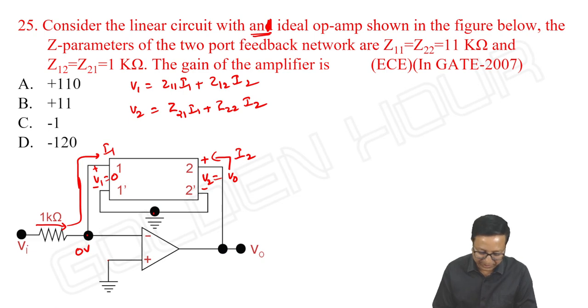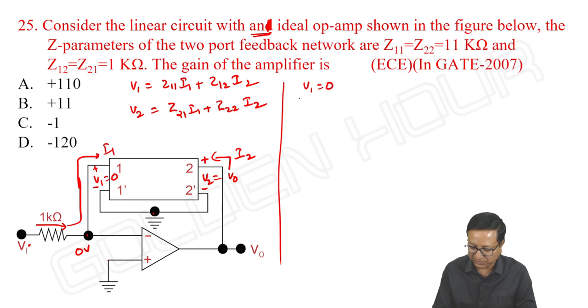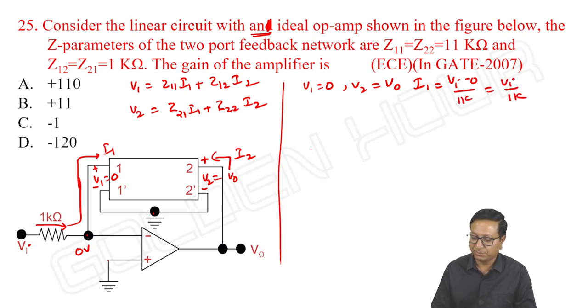So what is I1 then? I1 is equal to VI minus 0 by 1K, that is VI by 1 kilo ohm. So V1 is 0, V2 is nothing but our output.